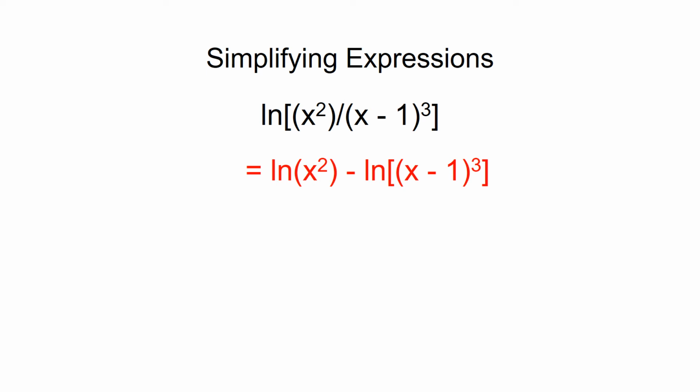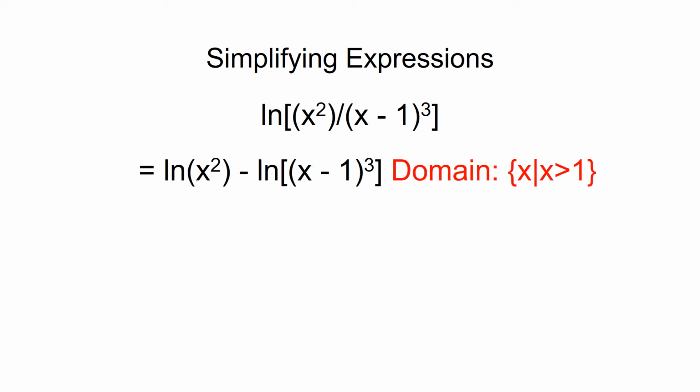The second term, in order to make what's in the brackets positive, x would have to be greater than 1. So if we take those two constraints, x has to be greater than 0, and x also has to be greater than 1, that comes out to mean x has to be greater than 1, and that's the overall constraint on the expression. So now we figured out what the domain is.